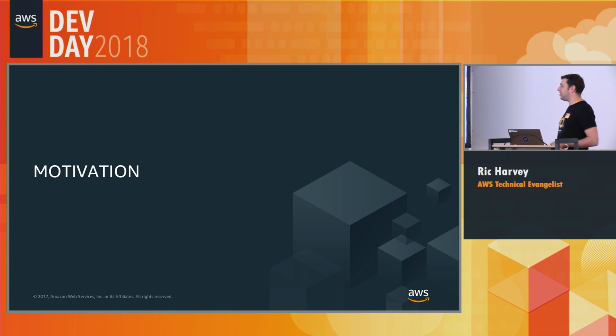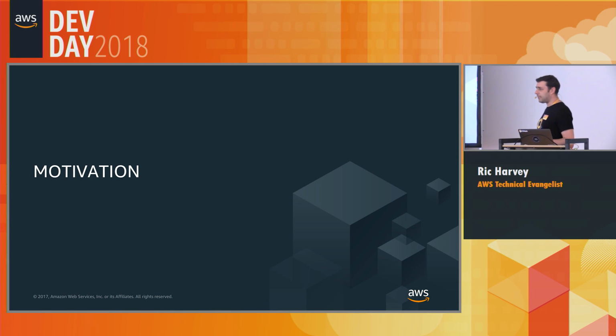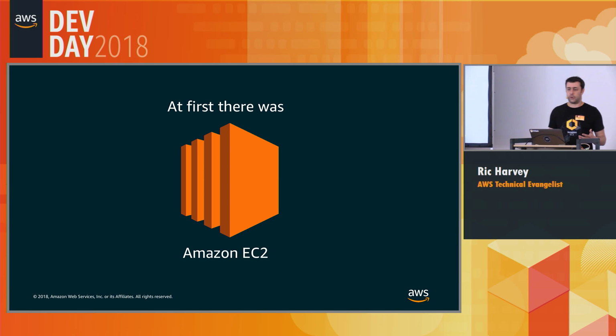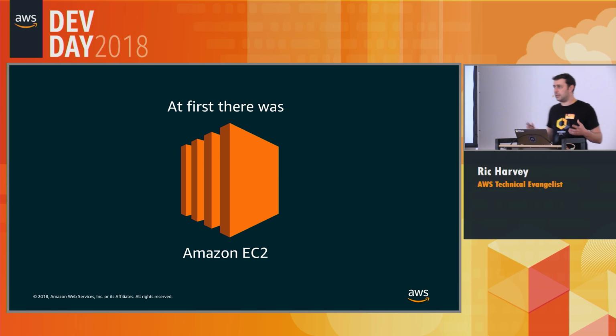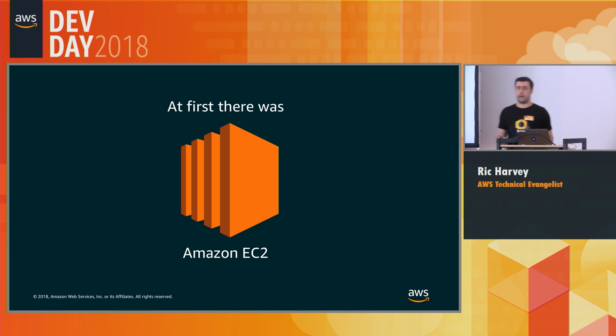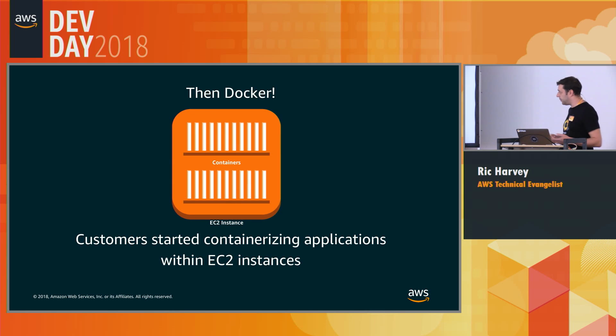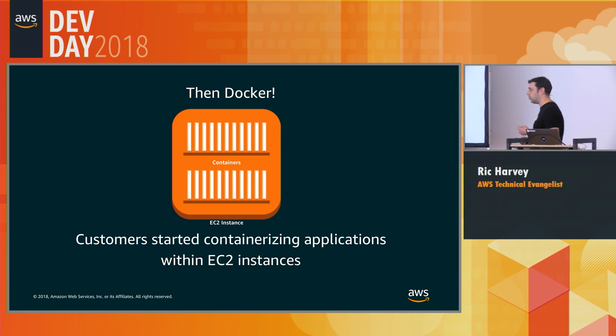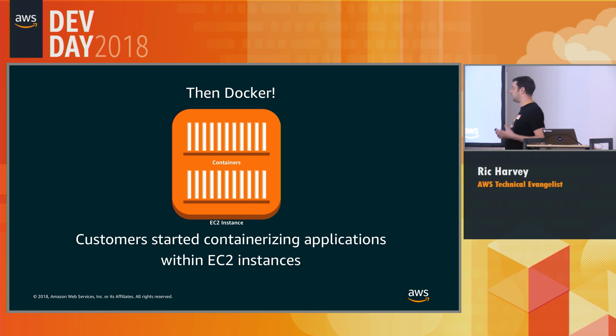So first of all, let's talk about the motivation. We've already talked about this this morning. At first we had EC2, and this is a great way to quickly launch and provision compute resource in the cloud. But then people wanted to use that resource more densely. So Docker came along, and we could build containers, and we could run multiple containers on an EC2 instance.